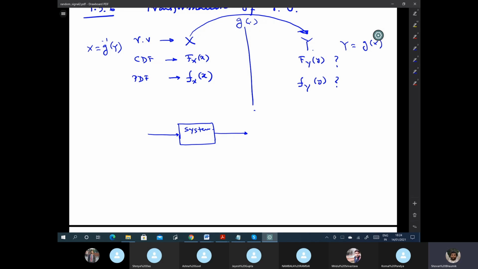Now say a random variable comes into the system and goes out as y through the system function. Mostly we are more familiar with the PDF, so which PDF will it look like?